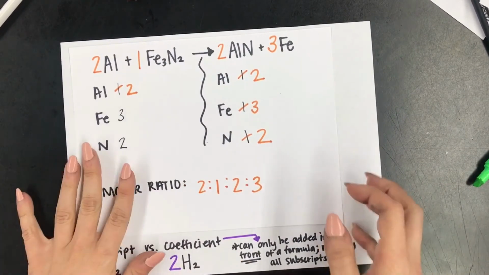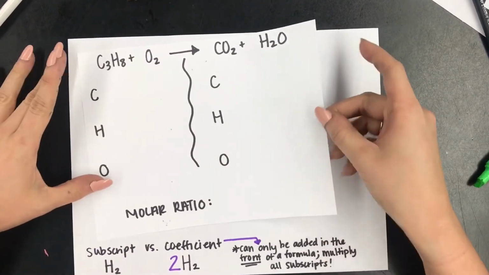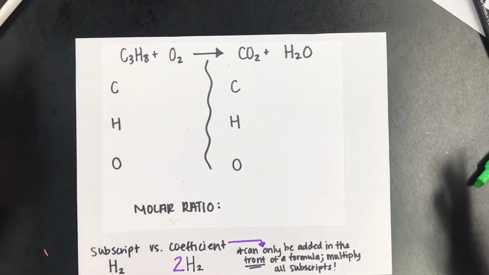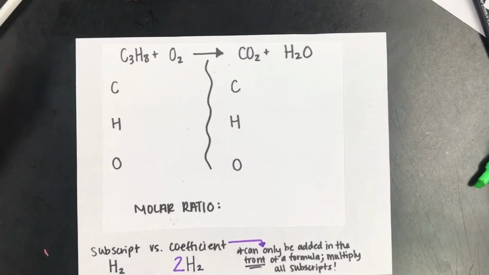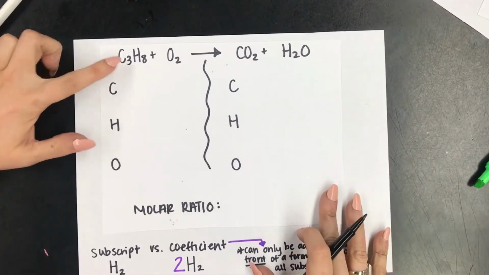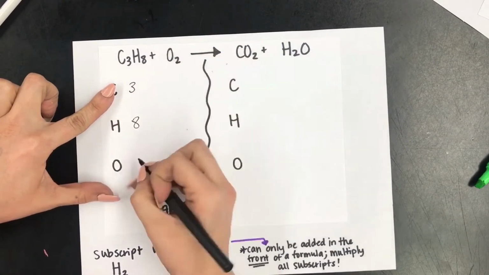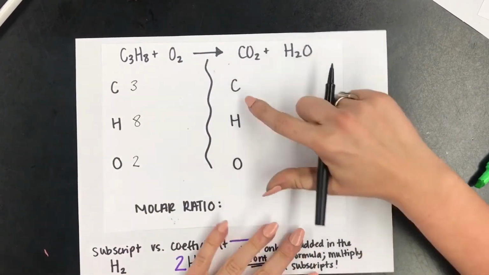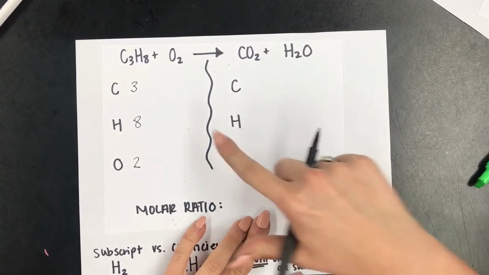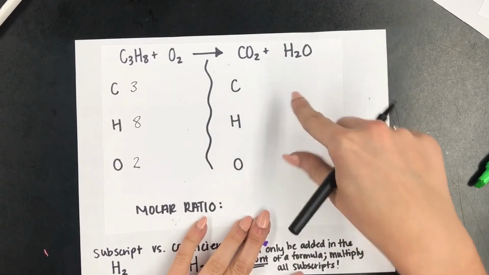So now let's look at one of the ones that has some elements that are split up. Our faves. Things like combustion. There are lots of different ways that we can tackle this. I'm going to show you a way that I think most people will be successful. Carbon, there are 3. Hydrogen, there are 8. Oxygen, 2. Notice I have still listed it as carbon, hydrogen, and oxygen, because they should be the exact same elements, listed in the same order.